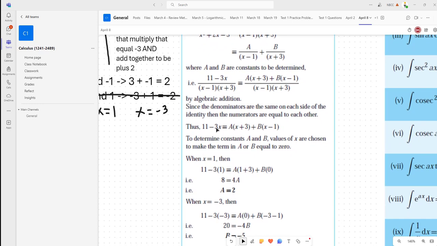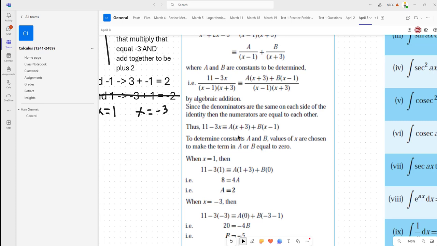Once we've done our factorization and got to this step, we put x equals 1 in for x.